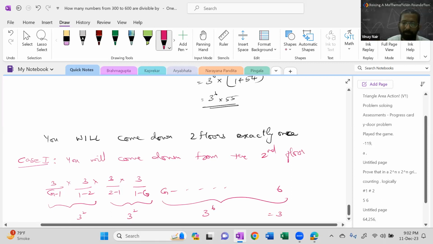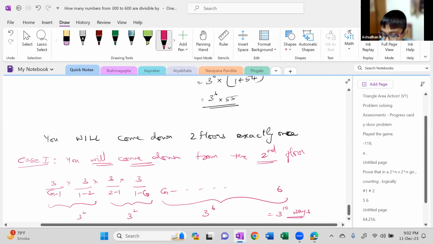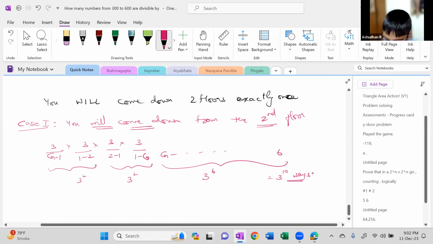Which means we have 3 power 10 ways. That is the case where you come down from the 2nd floor. Sir, we can put case 2 as. Wait. That is only case 2.